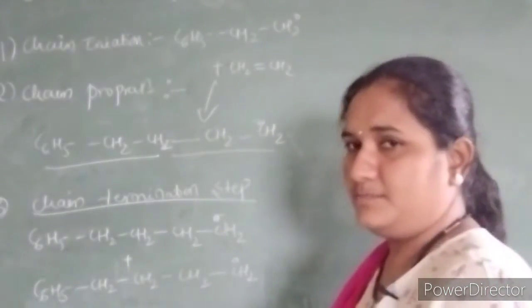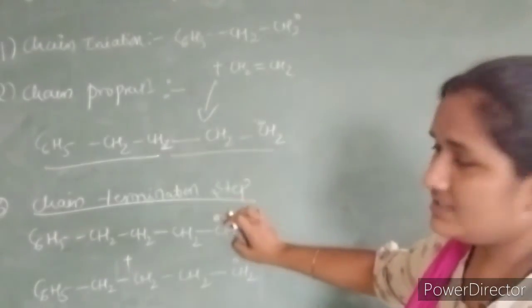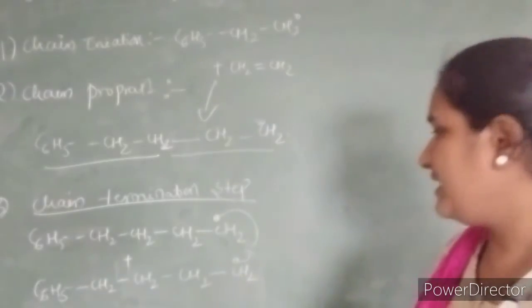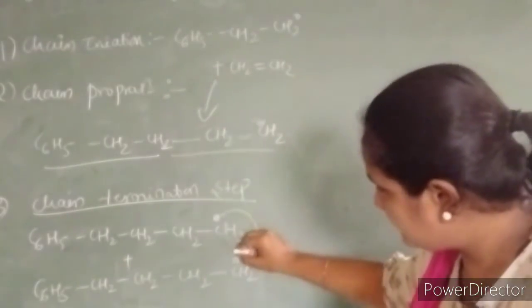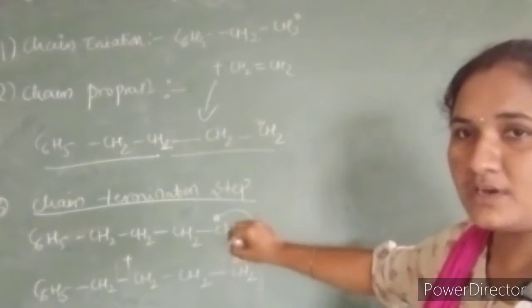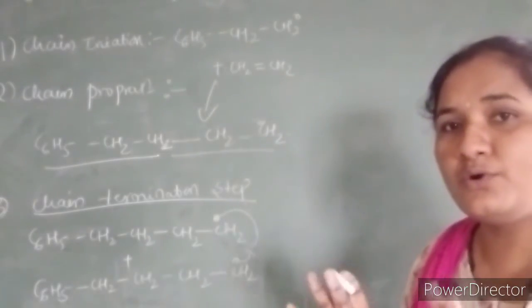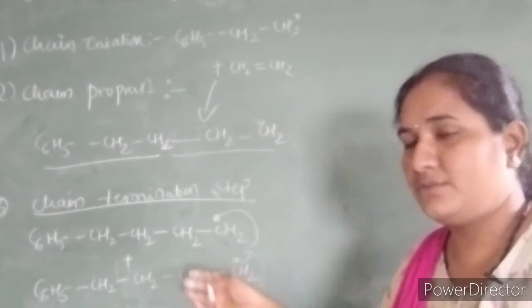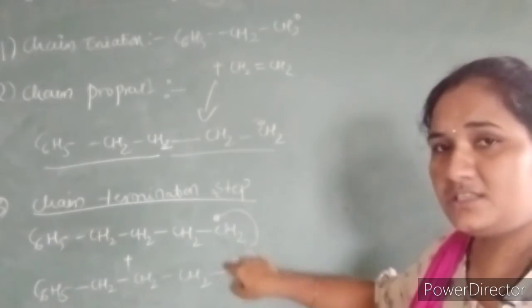In this chain termination, this radical reacts with this radical moiety. As a result, a new bond is created between these two carbon atoms. Now there are no more free radicals. So there are no free radicals here after the formation of the bond between these two carbon atoms.